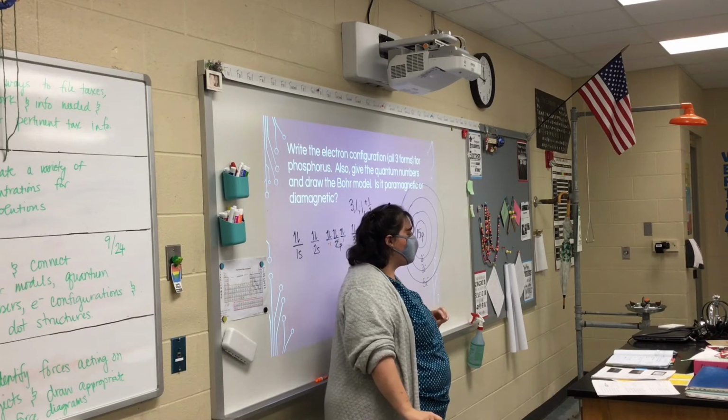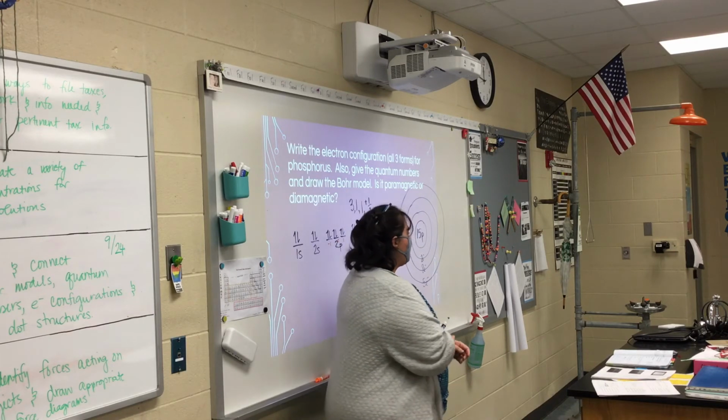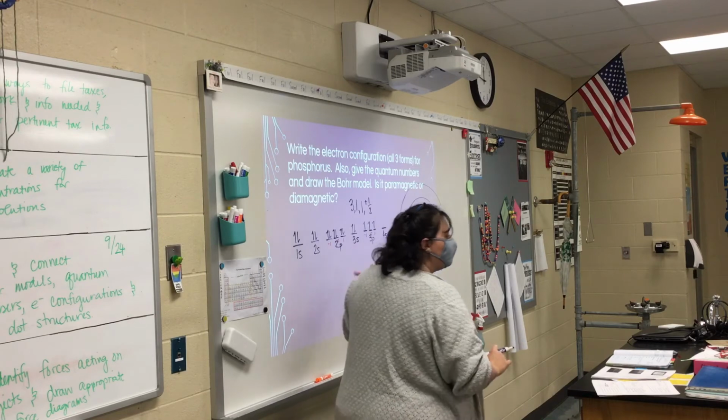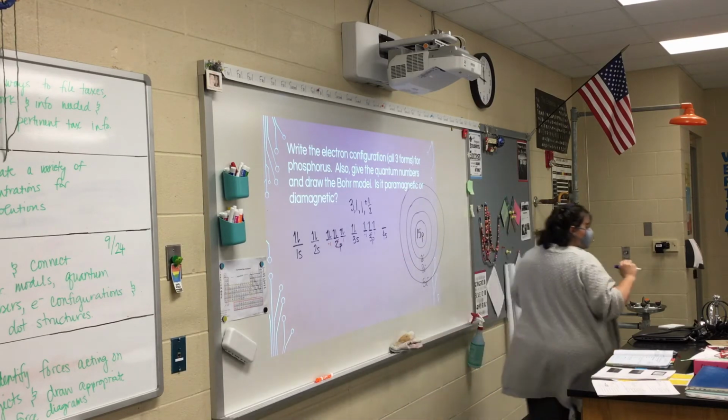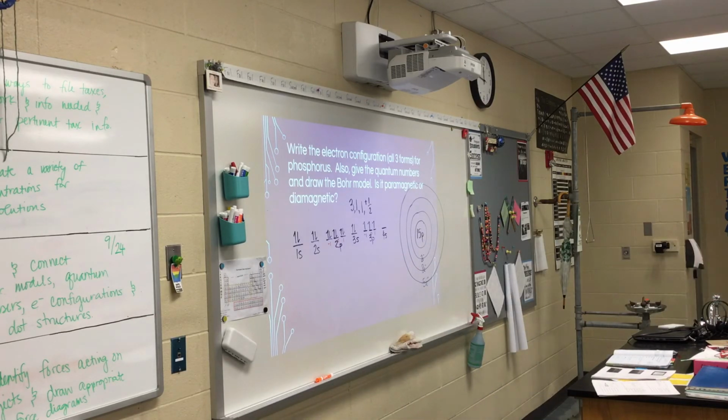So if you look at your picture of the orbitals, -1, 0, 1. Each one is a different orientation in space. So each one of those lines corresponds to a specific orbital. The first line is this specific orbital, the second line is this specific orbital, the third line is this specific orbital.